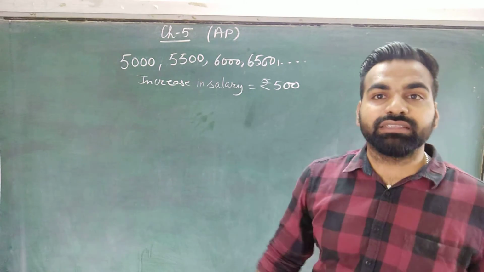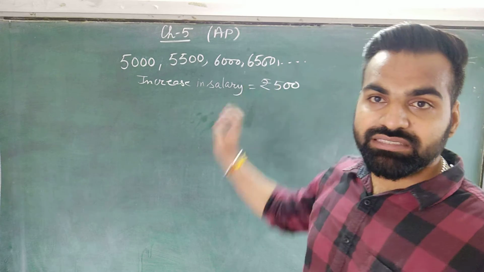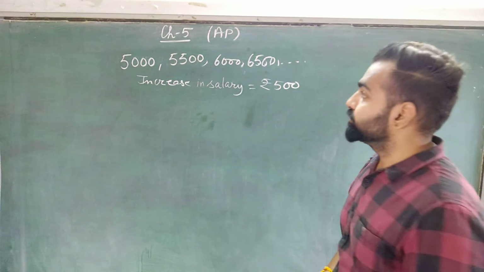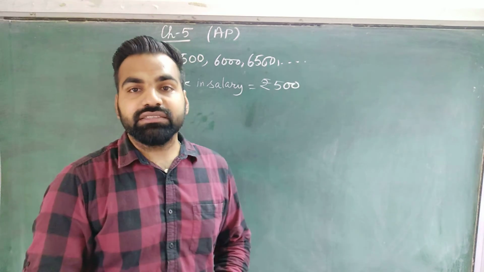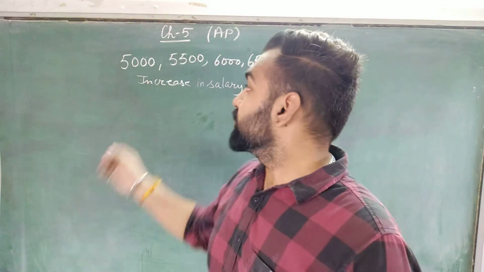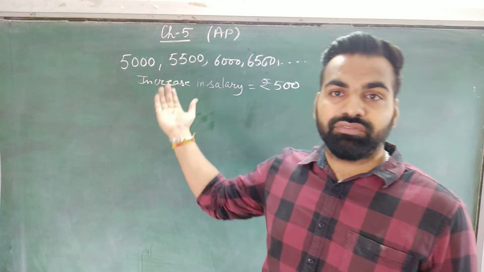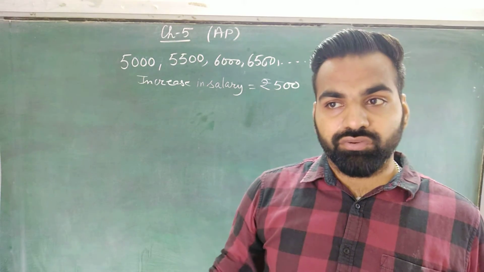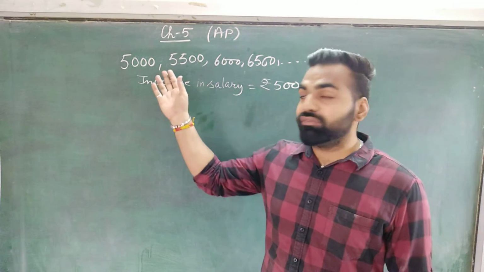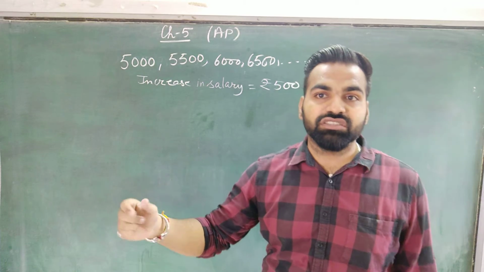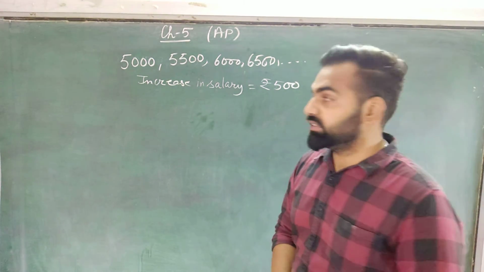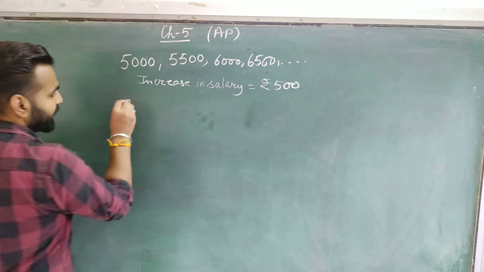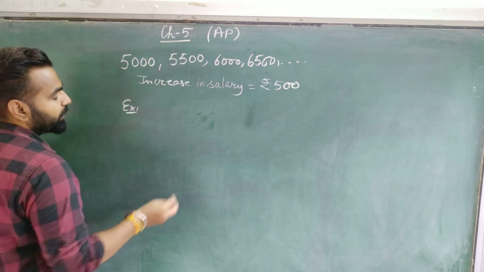So this series of numbers is an AP. So basically, what is AP? AP is a series of numbers with a constant difference. For the next term we have to add a number, which is called the common difference, to the previous term, so that it becomes an AP.